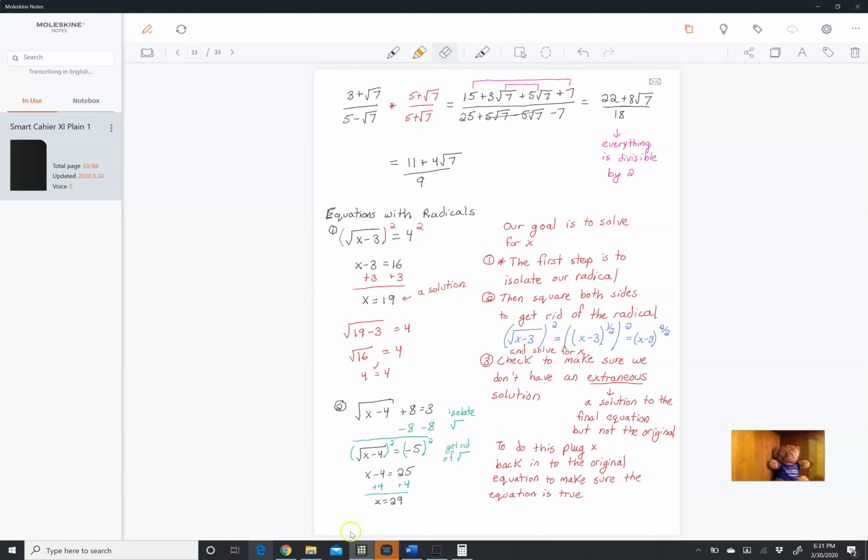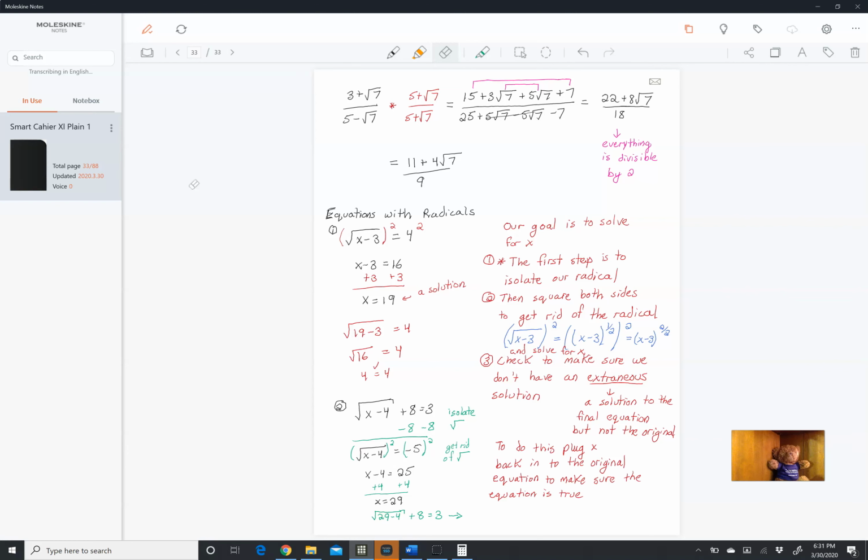And then we're going to go through and we're going to plug this in. We want to make sure that the square root of 29 minus 4 plus 8 is equal to 3. This is a great example of an extraneous solution, because what we get here, and I'm just going to put an arrow because we're running out of space and I don't want to put it on a new page.